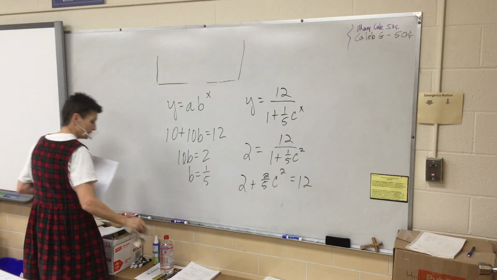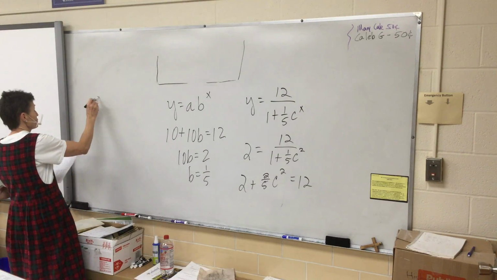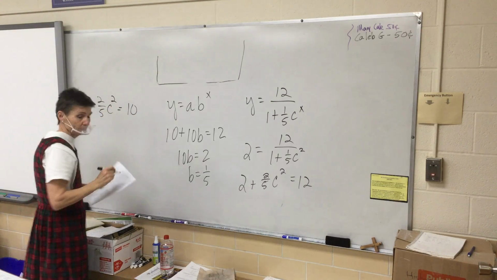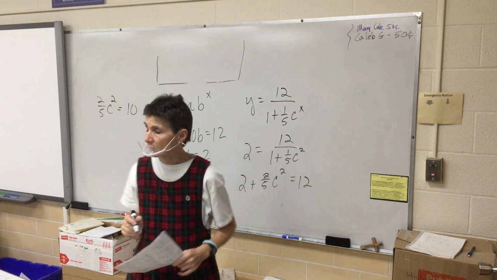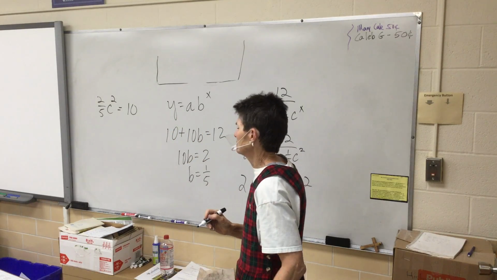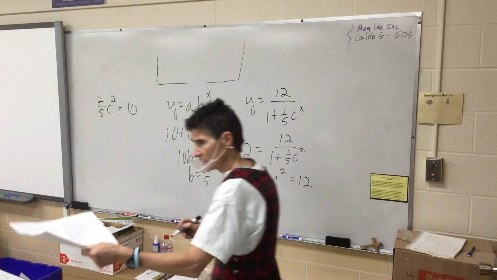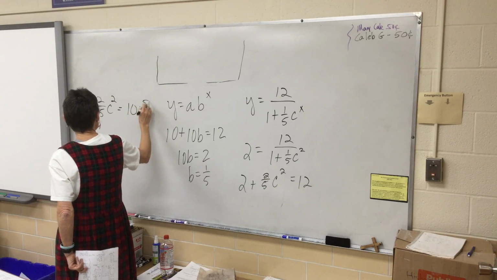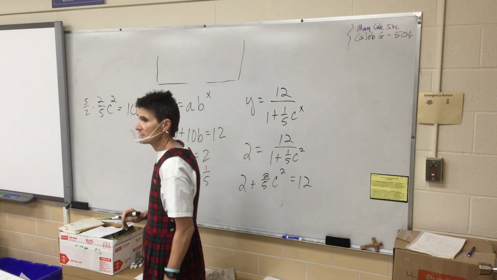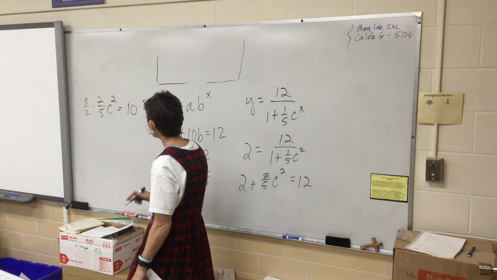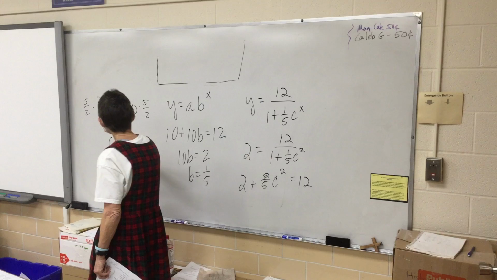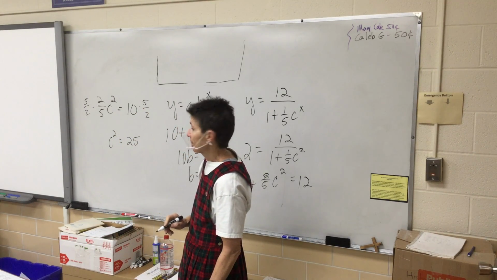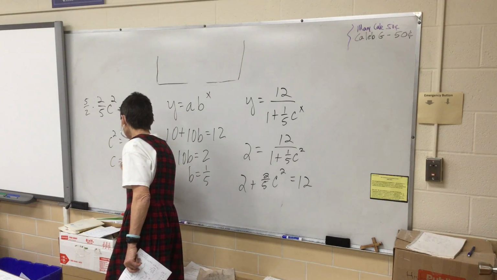This one's on a no calculator, so we're going to have to be able to do this now. So 2/5 c squared equals 10. What do I do now? Multiply by 5/2, exactly. Which is the same as dividing by 2/5 if it's easier for you to think about it like that. So c squared equals 50 over 2, which is 25. And then obviously c is 5.